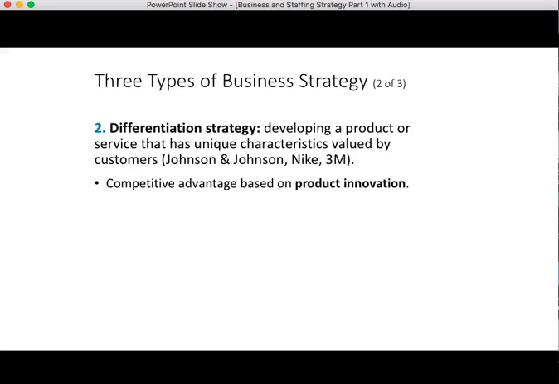The next type of strategy, as we're aware of, is the differentiation strategy. And that's, again, a company that focuses on a product or service that is unique, that it is innovative, or it's higher quality, or it has great customer service attached to it, or it has more bells and whistles than other products. The goal is that you don't compete on price, you actually charge more for these products.